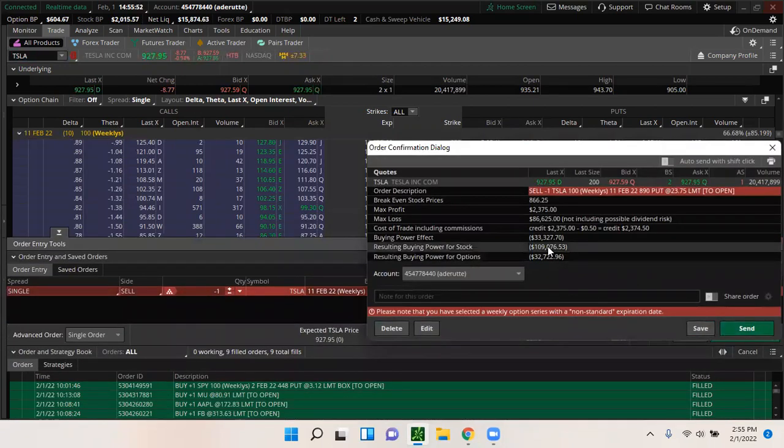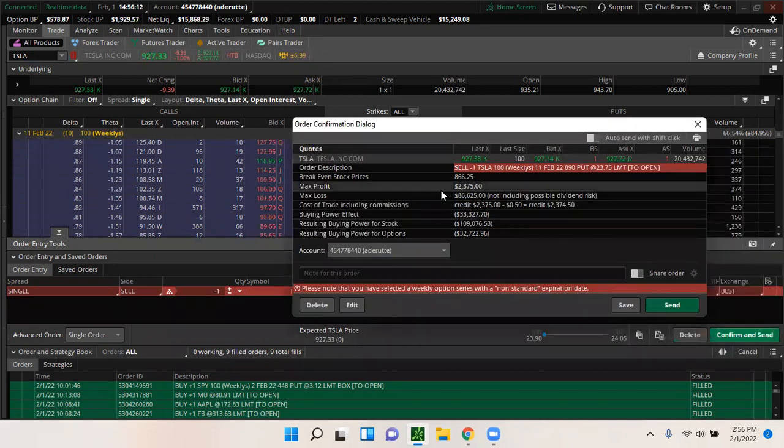This is an example for people who have a little more funds. You don't want to risk more than you have, of course, if you're dealing with margin, that's when it can get risky.